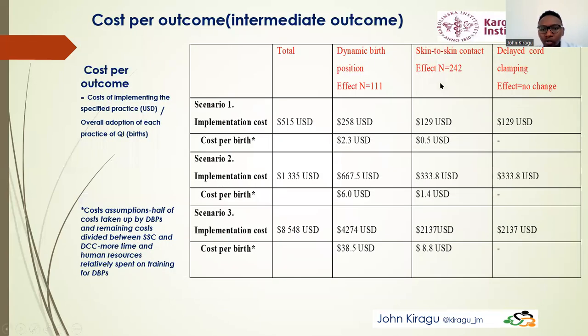With regard to the cost per outcome, and these are intermediate outcomes, under scenario 1, it cost $2.3 to have a birth adopt a dynamic position of birth. And it also cost $0.50 for a particular delivery to practice skin-to-skin contact.